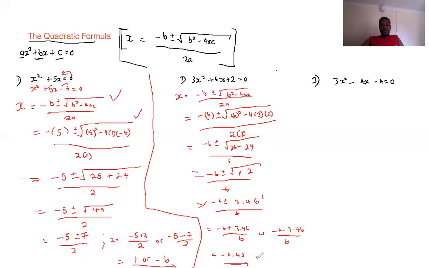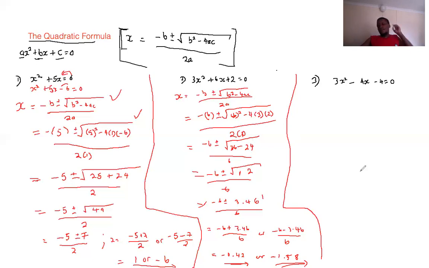And the second, negative 1.58. So that is how you solve this one. Pretty simple, eh? Very simple.